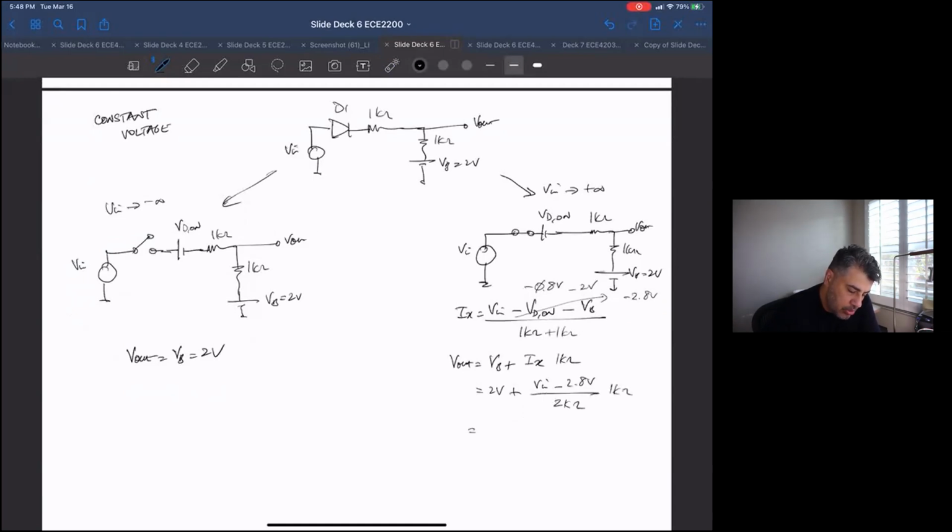So V out is 1/2 Vn plus 2 volts minus 1/2 of 2.8, which is 1.4 volts. So it's equal to 1/2 Vn plus 0.6 volts.